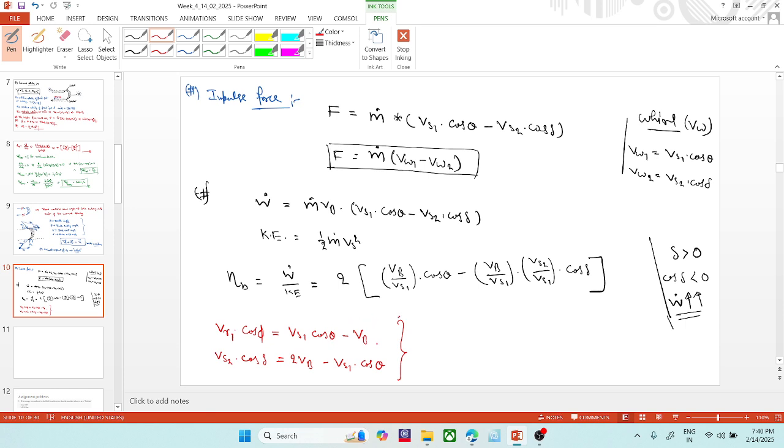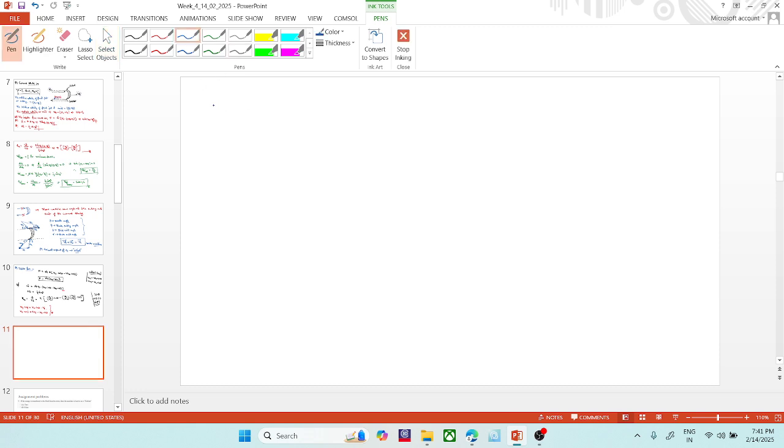So when we put this expression in this thing, we will get this expression as W dot is equal to m dot into VB times Vs1 cos theta minus Vs2 cos del, which is equal to 2m dot VB times V1 cos theta minus VB.